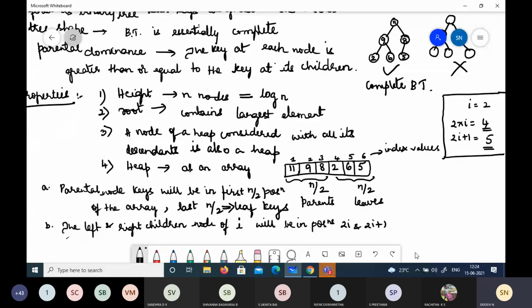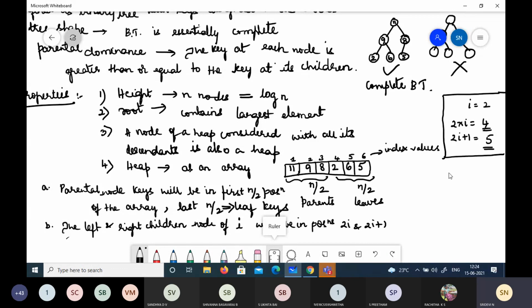So the parent of a key in position i. They'll give you a parent node and ask you to find the children nodes, this is the way. But if they give you a child node and ask you to find the parent, then it will be in position i by 2. Let's see here.